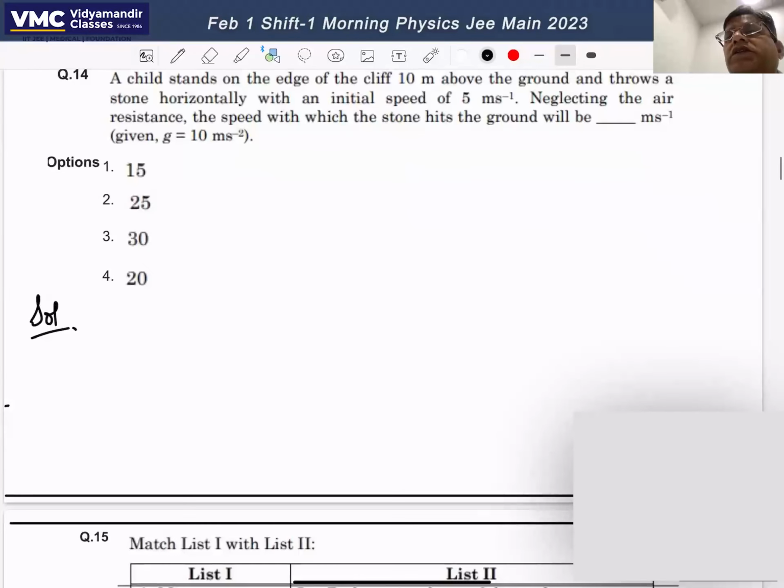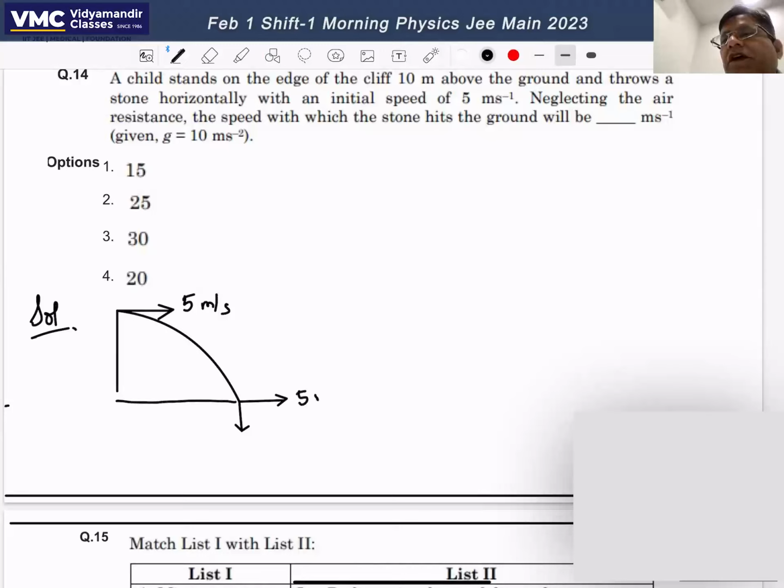we have to see that this is a horizontal projectile where the initial speed is given as 5 meters per second. When it strikes the ground, it has horizontal velocity, that is 5 meters per second, and vertical velocity also. This vertical velocity is given as root 2gh, because we know that Vy square equals Uy square plus twice ay h.